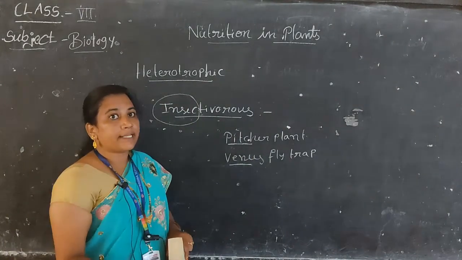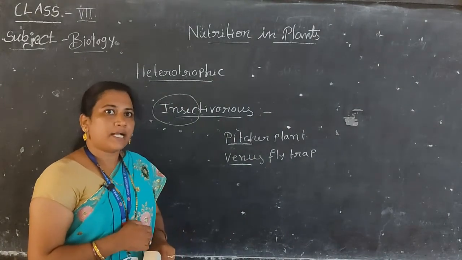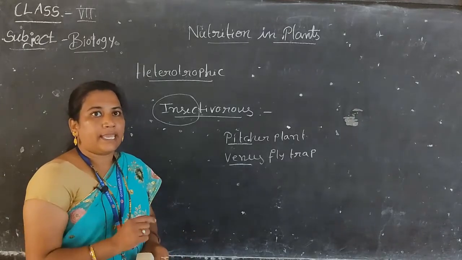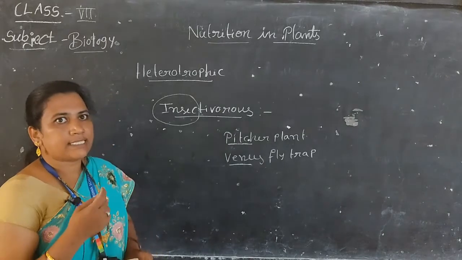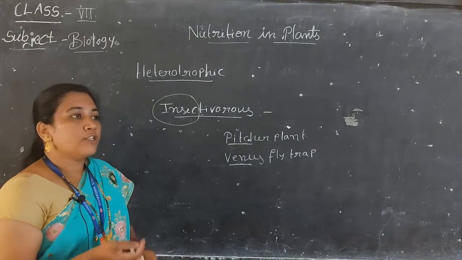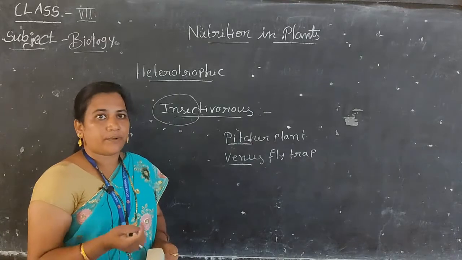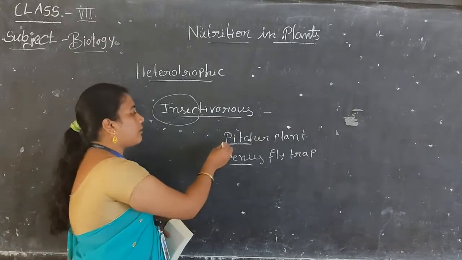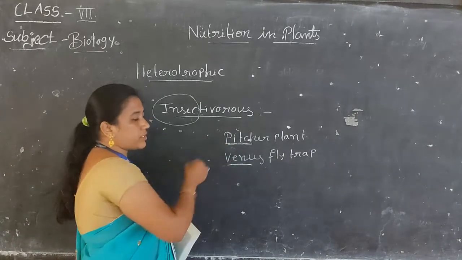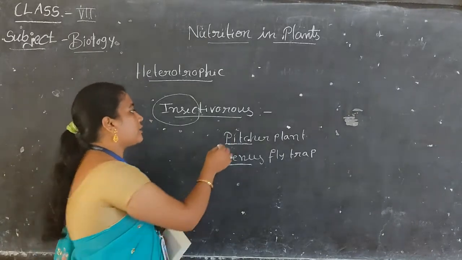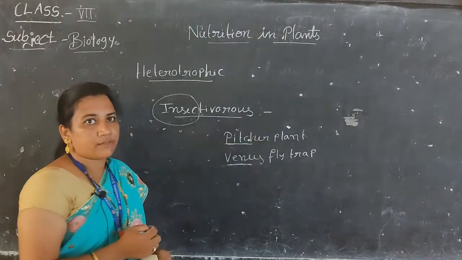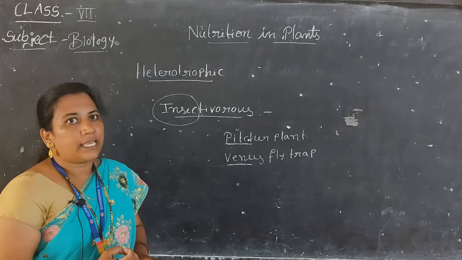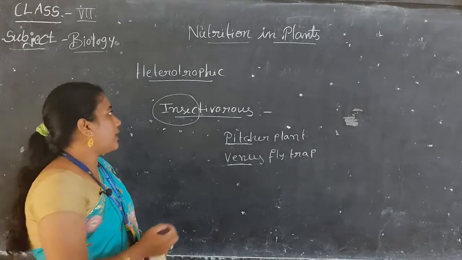but still they cannot prepare their own food materials, because these plants develop in areas where the availability of nitrogen is very less. Nitrogen is very important to prepare nutrients, yes or no? So to make up for the deficiency of nitrogen, these plants modify their leaves into different structures to trap insects.